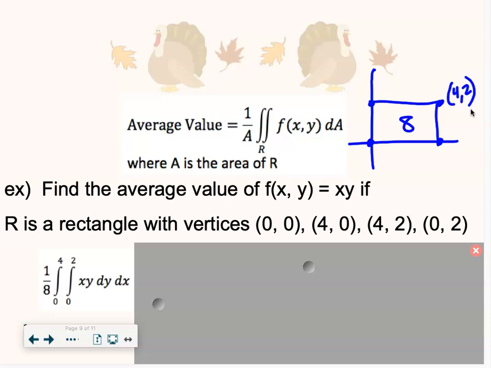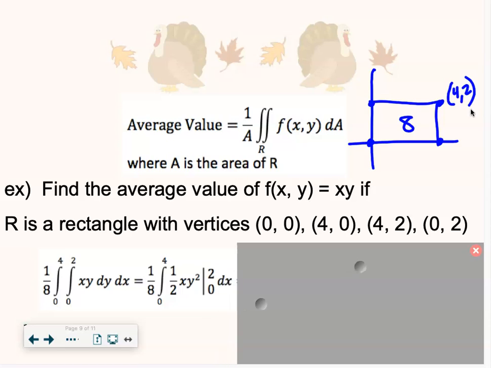So 1/8 integral 0 to 4, 0 to 2, xy dy dx. I did my dy first and got 1/2 x y squared. Plug in your 2, remember, you're plugging it in for y, so that's 4, so you get 2x minus 0.